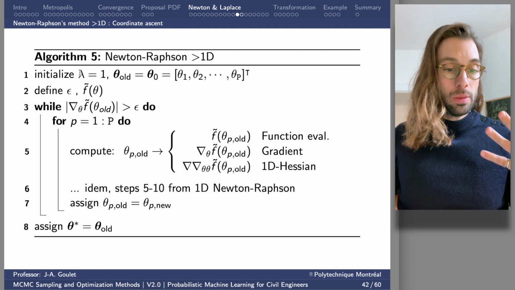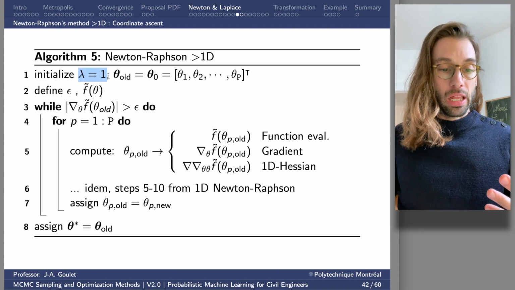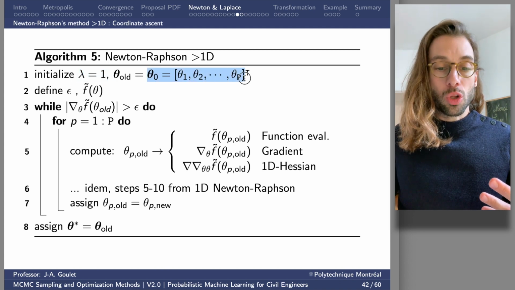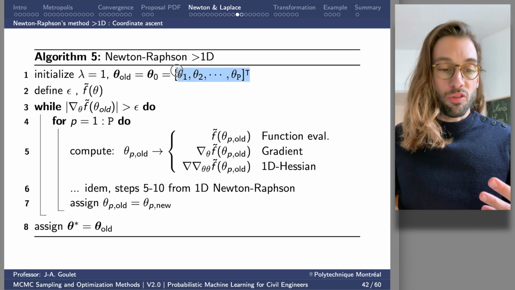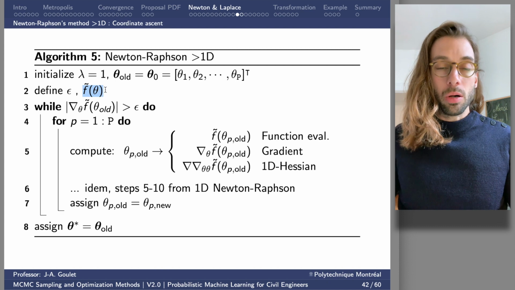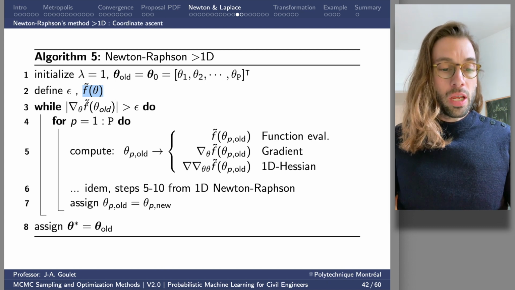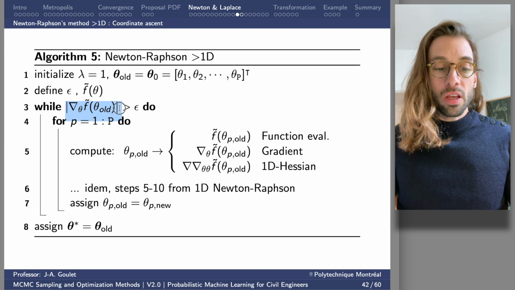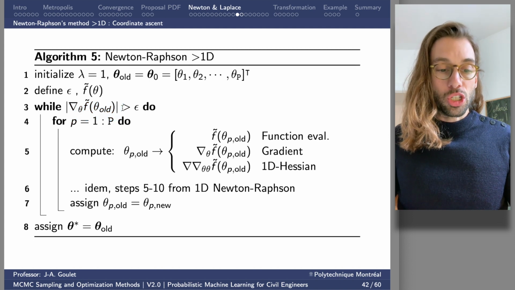So in this case, we initialize our parameter, saying that our initial parameter value is given by this vector of parameters. We define our convergence criteria. We define our target function, okay? So here what we're going to say is, while the gradient of our function is greater than epsilon, I keep doing my loop here.